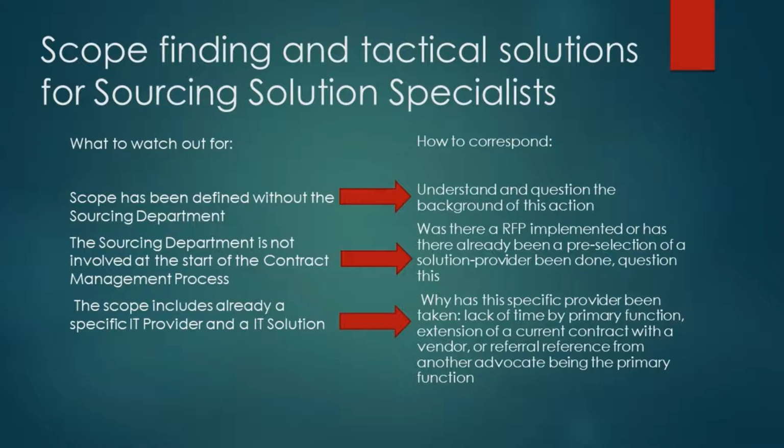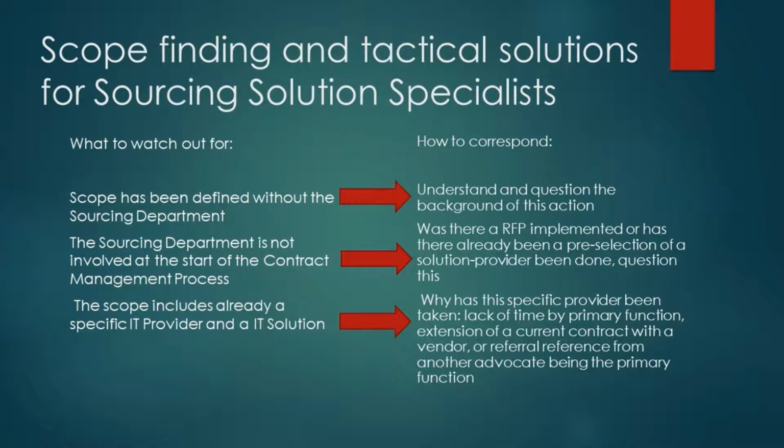I think this is something to also say: for the future it would be good that you're included in this process, because this will help and support you in order to manage contracts professionally, but it will also help, of course, the internal customers, the primary functions in the future, because they have someone to trust. I think you need to build the trust together with them, because this is all about the topic of trust, and you should communicate this openly, and this should be something that is discussed.